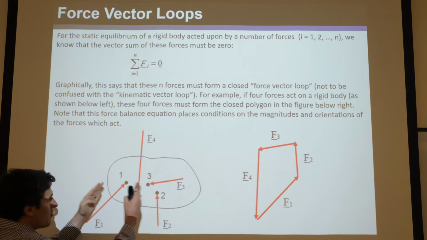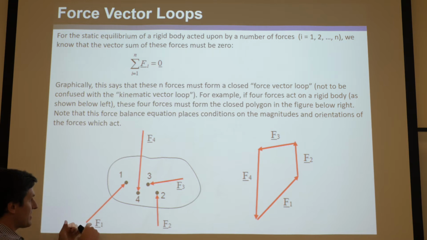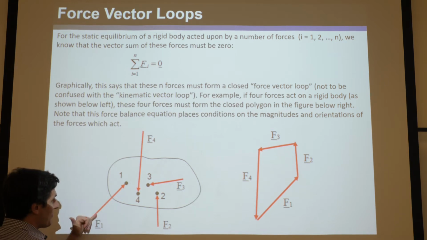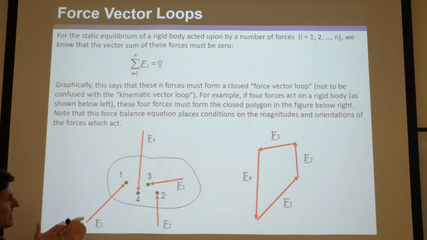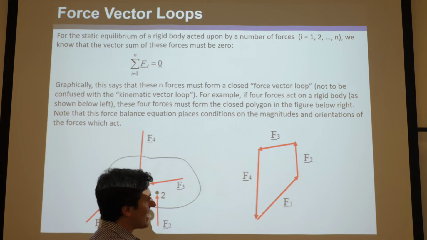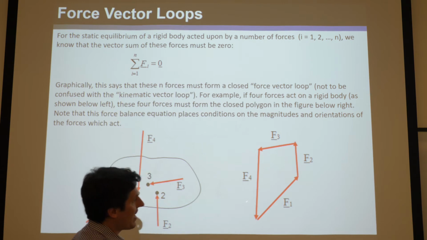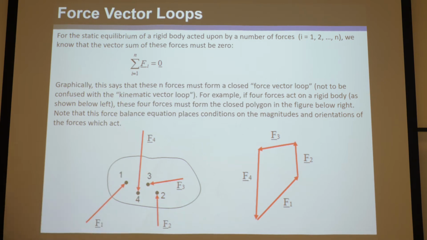So you could move these vectors around, as long as you keep them the same direction, with the same angle and the same magnitude, the same length. And you'll see if you orient them head to tail, tail to head, tail to head, that they will make a vector loop that is closed. And you know it's closed because they sum to 0.